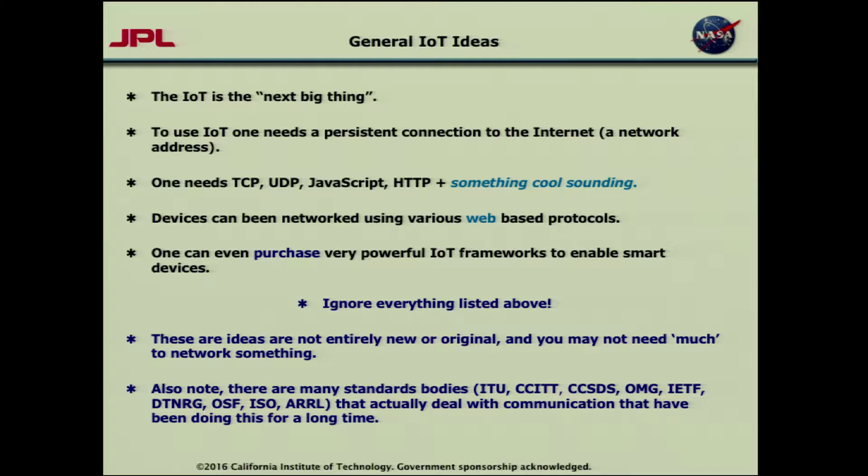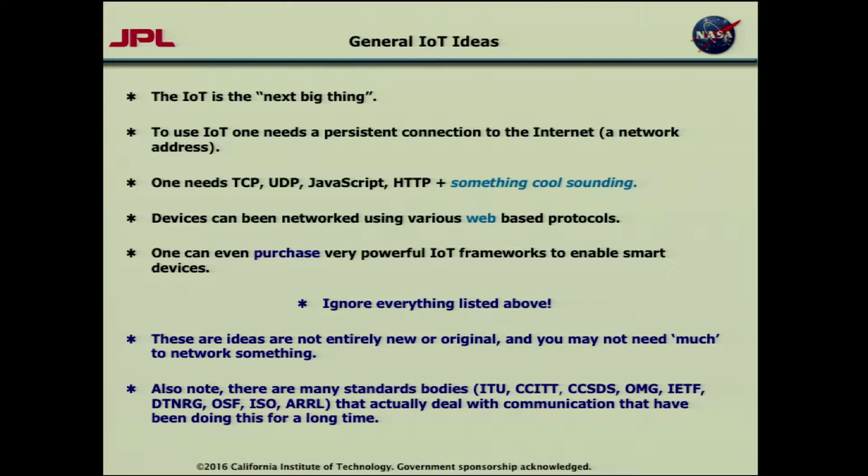But I have this line here. It says, ignore everything listed above. So that's all cool, but part of the premise of this presentation is that a lot of the IoT ideas and claims, while they are very exciting, are not entirely new or original, and you may not need very much to network device A to device B. The thing you're talking to may not even be a device.